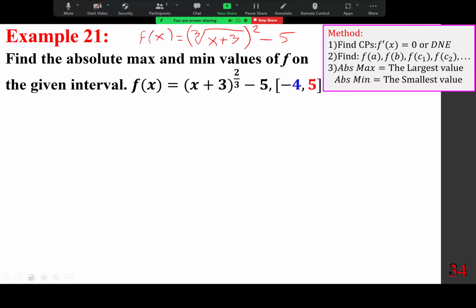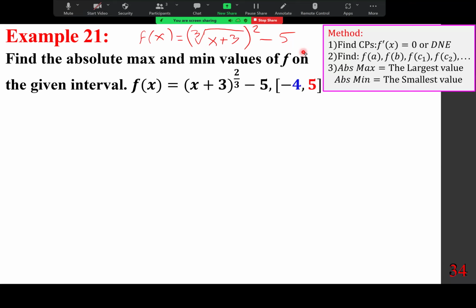We have a cube root function. In other words, this is the cube root, then you move it to the left by 3, you square it, and then you bring it down by 5, as far as transformation is concerned. Ultimately, for any cube root function, there is no restriction.